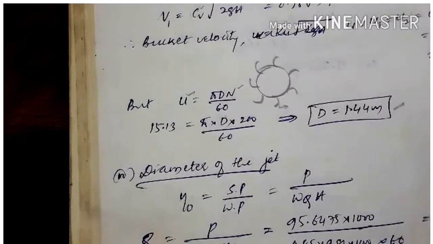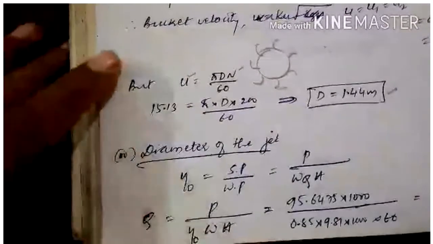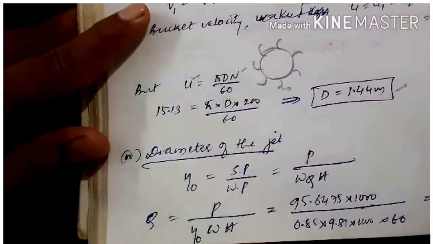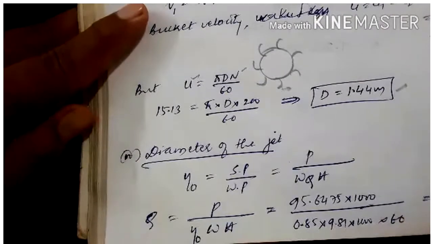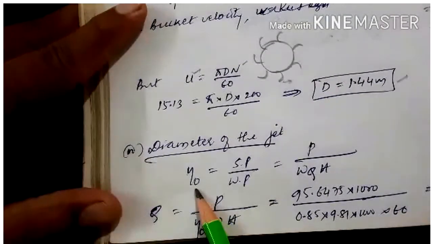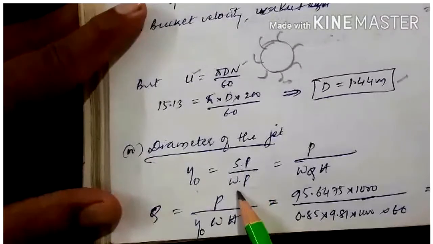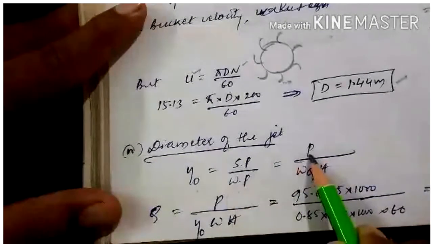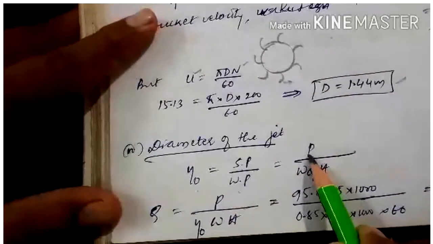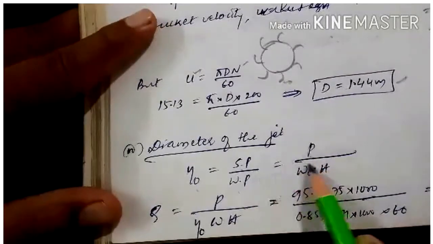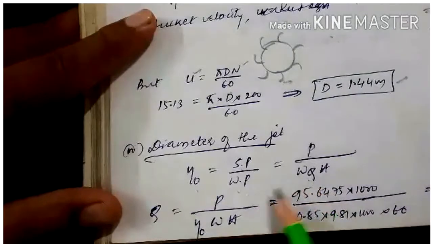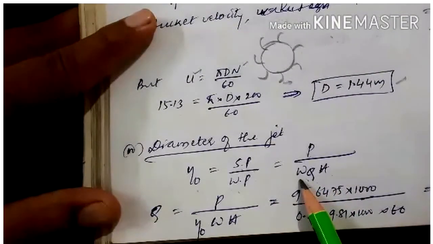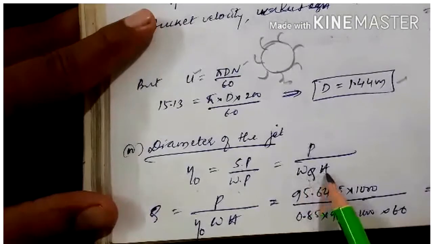Then the diameter of the jet can be calculated easily. To calculate the diameter of the jet, we need to calculate first the total discharge. For this, the overall efficiency formula, as we know, is the shaft power by water power. Shaft power, that is the power at shaft, divided by water power, that is W into Q into H, where W is the specific weight of the water, Q is the discharge, and H is the head.